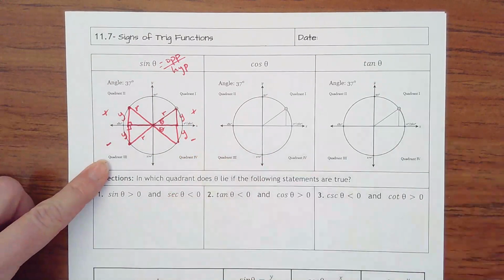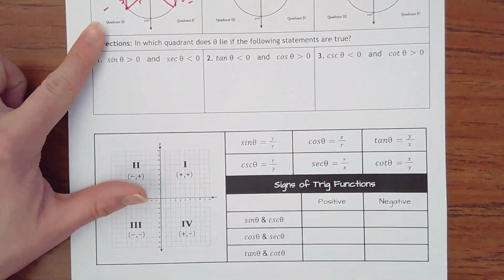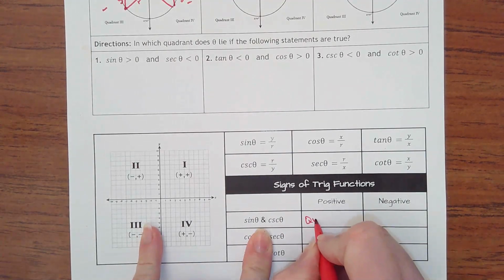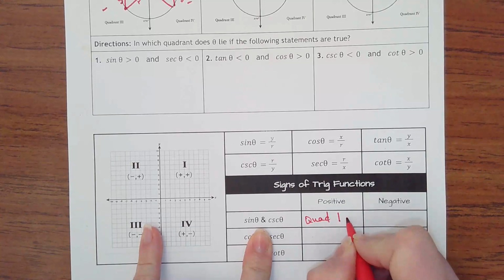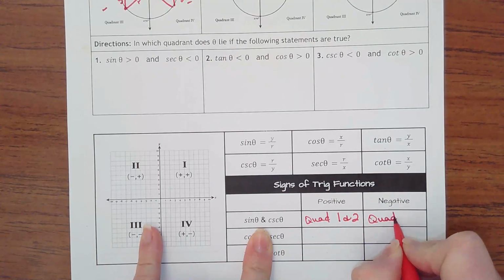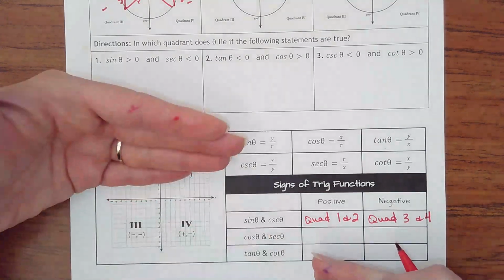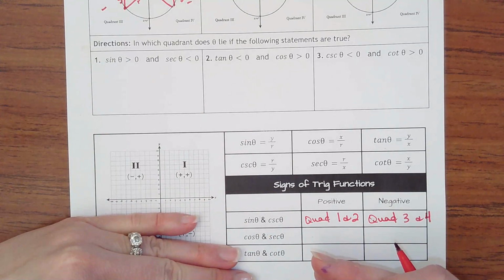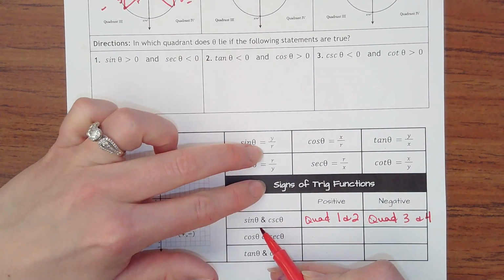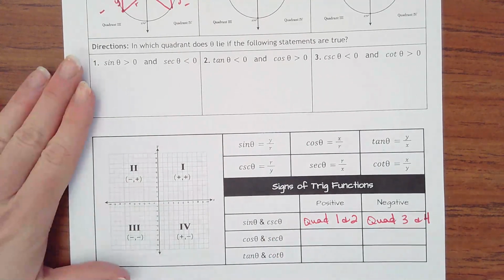It's negative when it goes down. So at the bottom chart here, put that sine is positive in quadrants 1 and 2. It's negative in quadrants 3 and 4. So up, positive y; down, negative y. And then cosecant goes with that, because remember cosecant is just the swapped version. It does not change the sign, it just flips the numerator and denominator, so those go together.